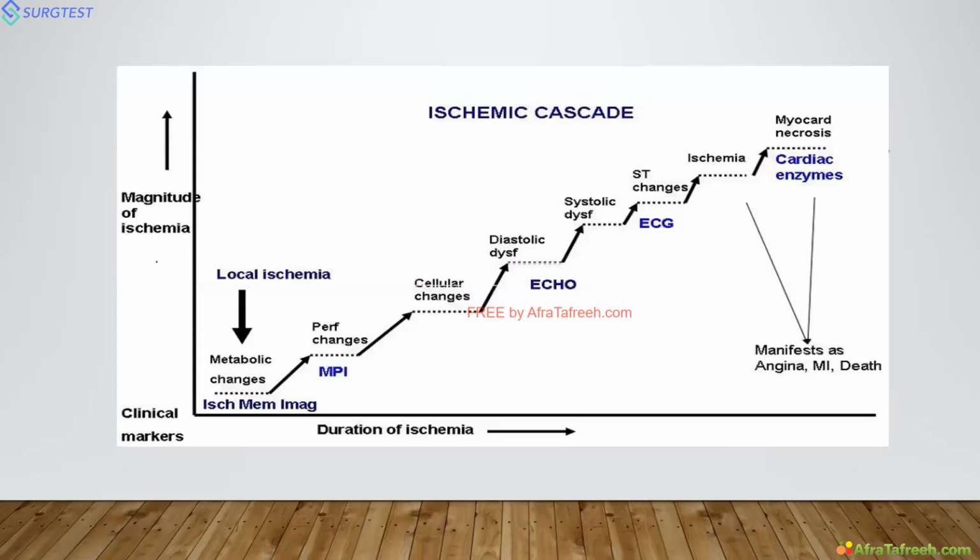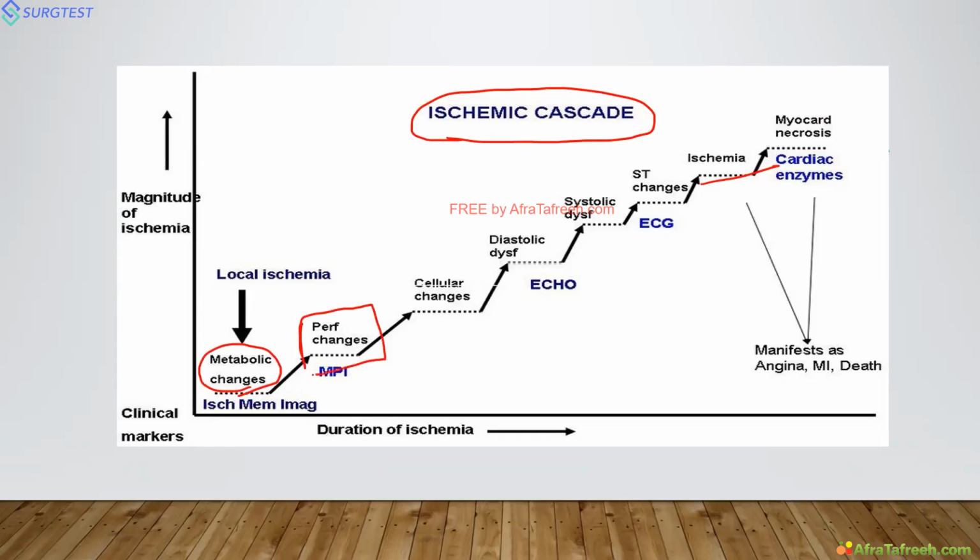Mainly we have to know about the ischemic cascade. This is very important, because when the patient comes with angina, he is in this ischemia phase, but there are many phases that happen before. First is metabolic changes. Second is perfusion changes. In any patient with stable ischemic disease, we plan for myocardial perfusion imaging, which detects changes long before ECG changes and echo changes. The third is diastolic dysfunction.